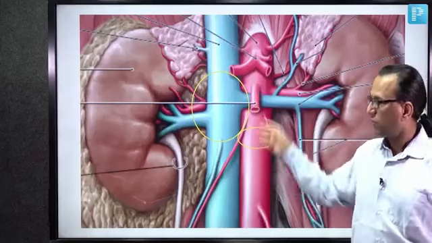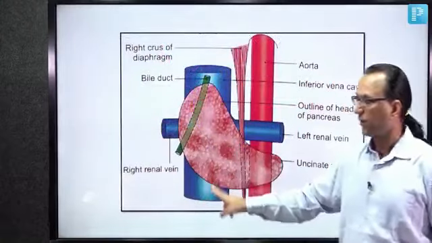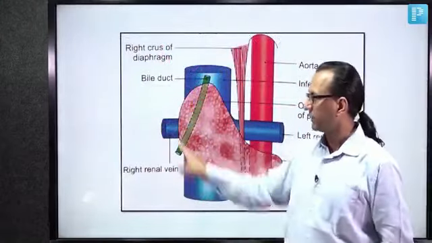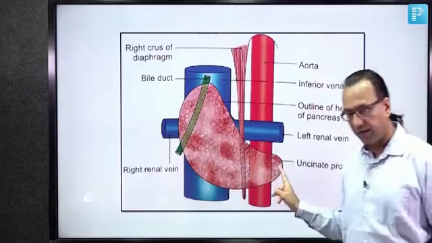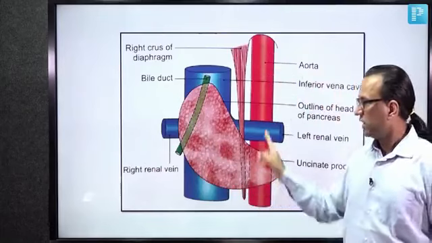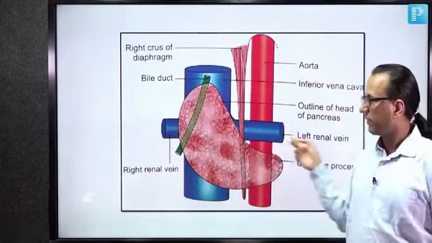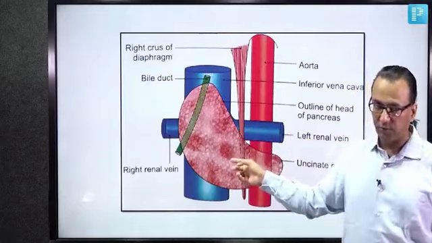Let us look at a diagram for the same now. So here is the left renal vein draining into the inferior vena cava behind the head of the pancreas, whereas the uncinate process of the pancreas lies in front of the abdominal aorta. Both of the structures are crossing the abdominal aorta anteriorly, may be the left renal vein or the uncinate process of the pancreas.